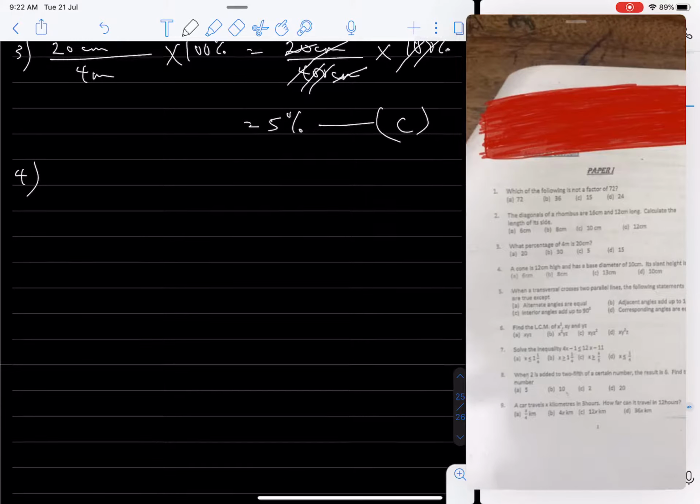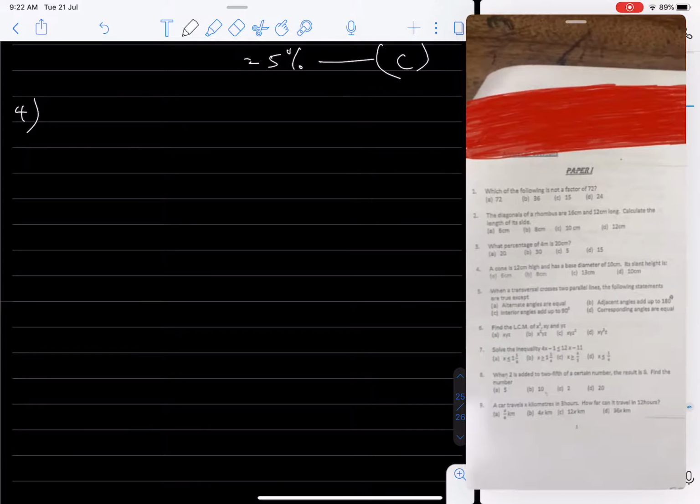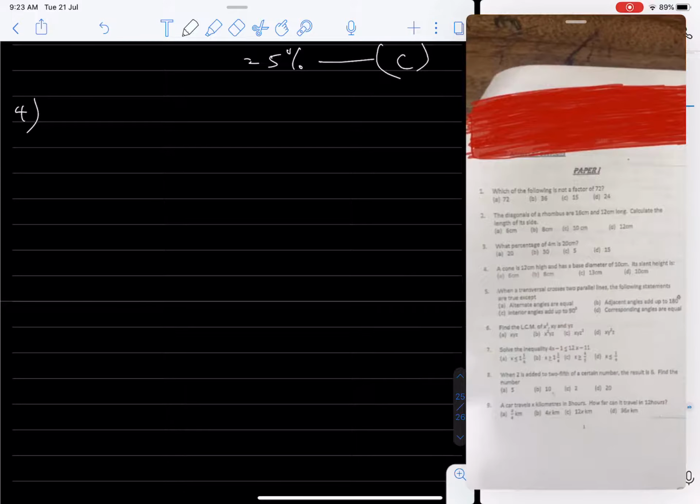a cone is 12 centimeters high and has a base diameter of 10 centimeters. Its slant height is dashed. Let's go to that. This is a cone.